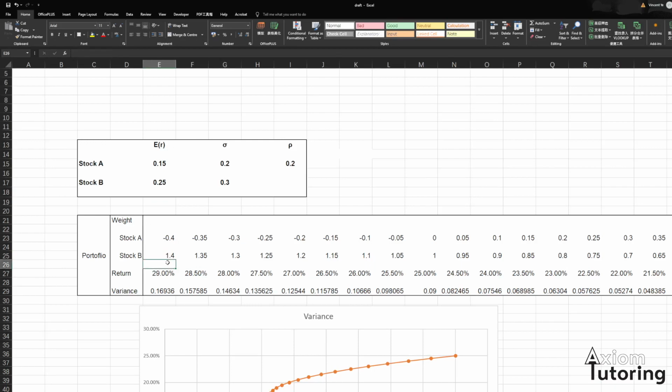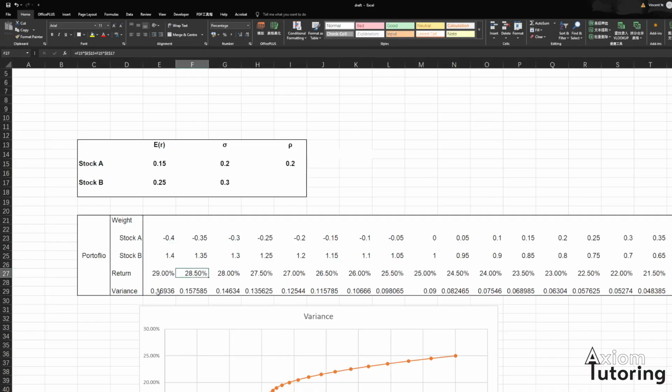If you have more than 100% as your weight for stock B, then your return is going to further increase. But remember, your portfolio weights overall should still add up to 1.